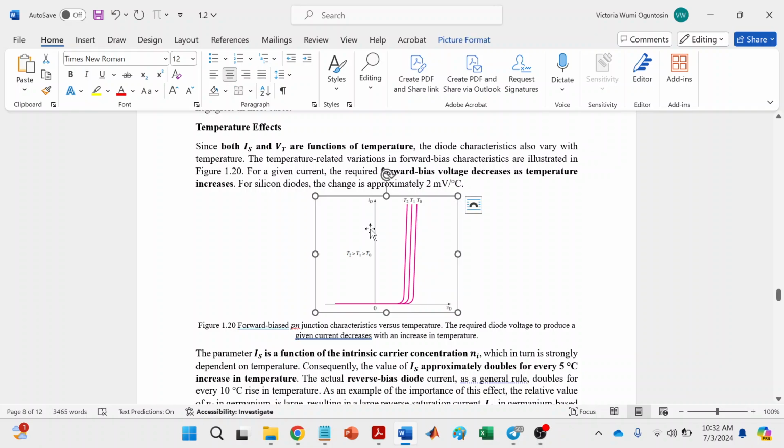In general, the forward bias voltage decreases as temperature increases. This means the voltage required to forward bias the PN junction, to make it come on, is much lower when the temperature is high. For silicon diodes, the change is 2 millivolts per degree rise in temperature.